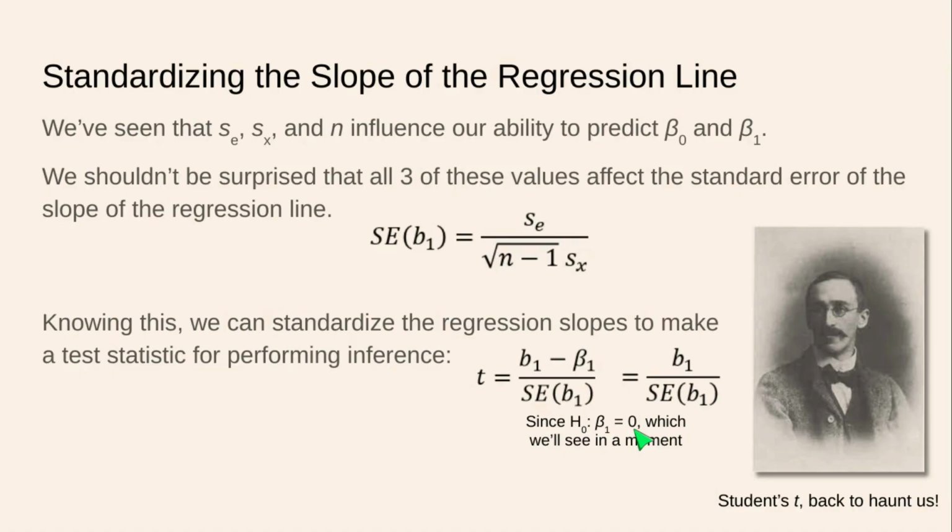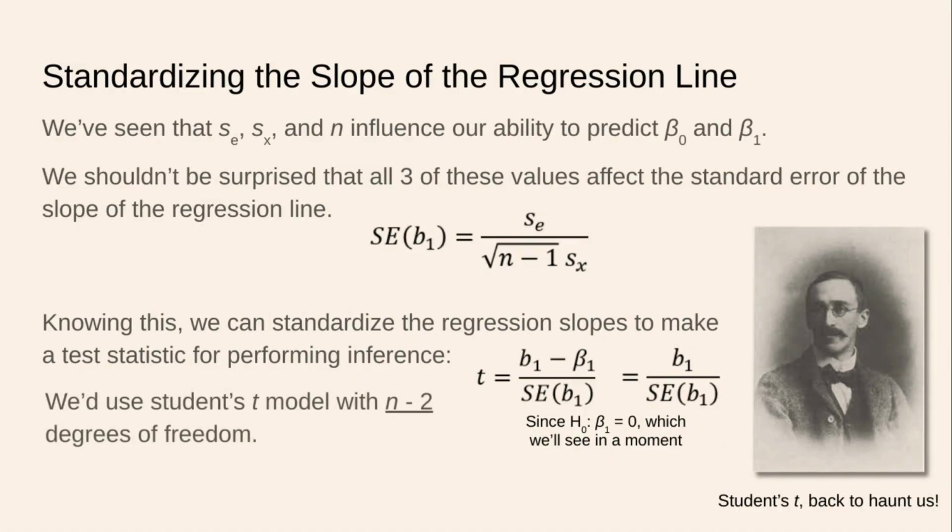If there is a relationship, then the ideal regression line is going to have a slope different than 0. So in our null hypothesis, we assume beta 1 equals 0, which means our test statistic just looks like this. We're going to use Student's t model to analyze the slope of the regression line with n minus 2 degrees of freedom.